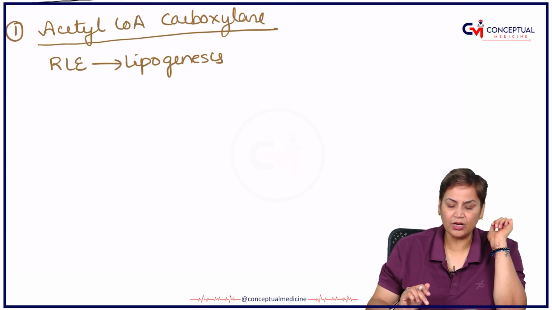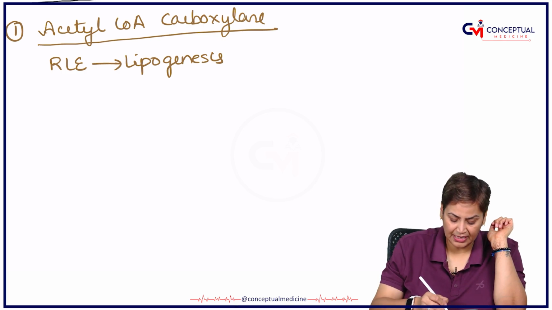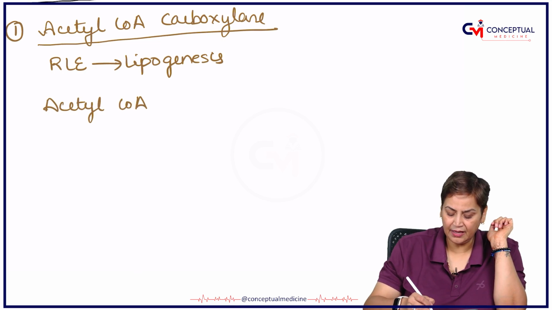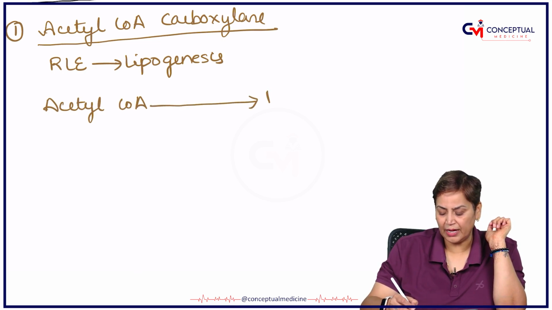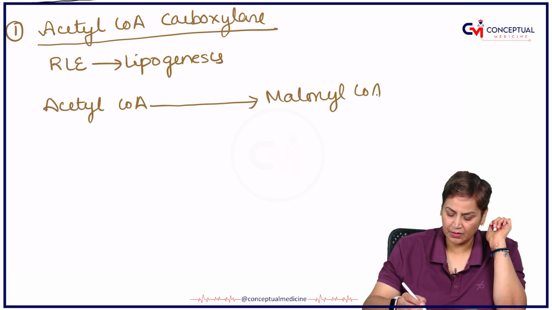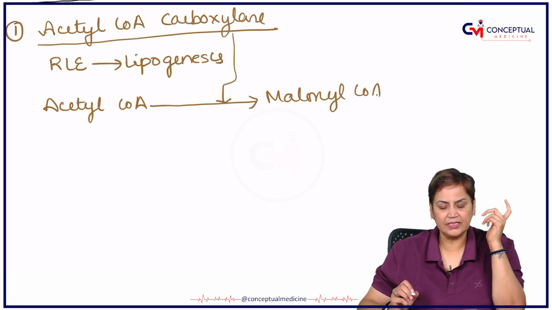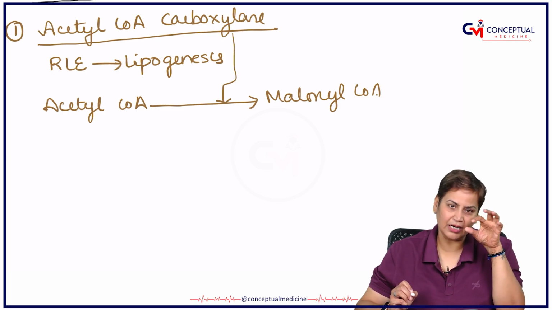And what is the function of acetyl-coenzyme A carboxylase? It simply converts acetyl-coenzyme A to malonyl-CoA. So it is a rate limiting enzyme. Again, what are the main components?